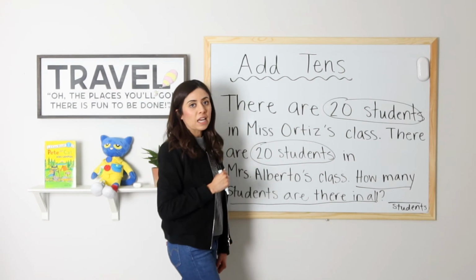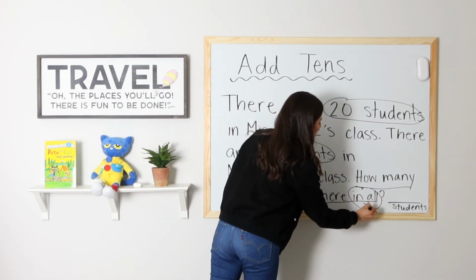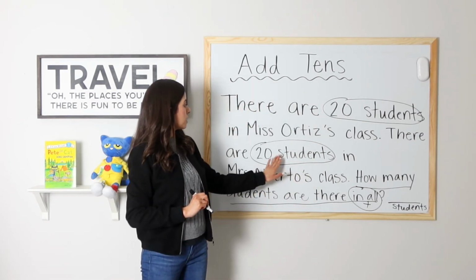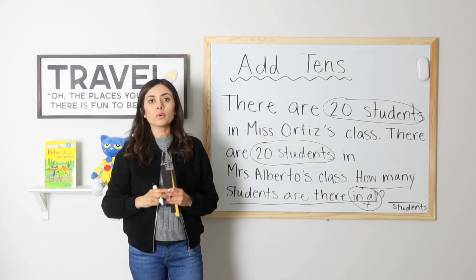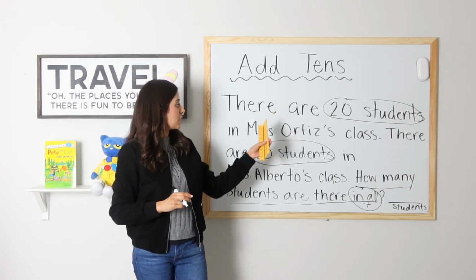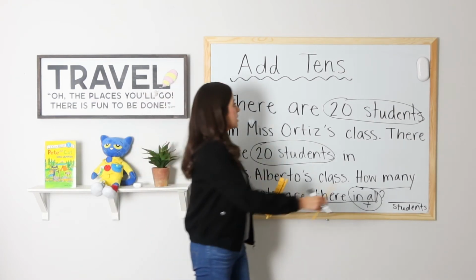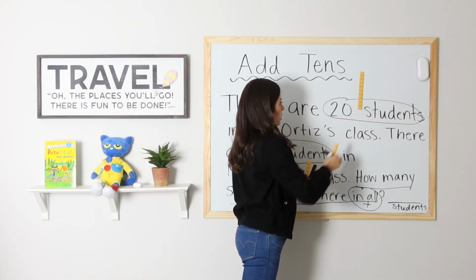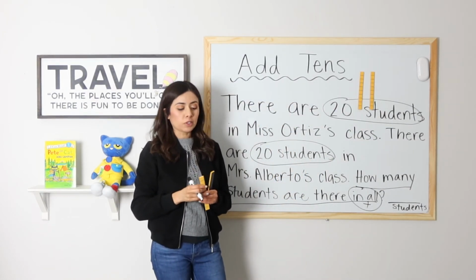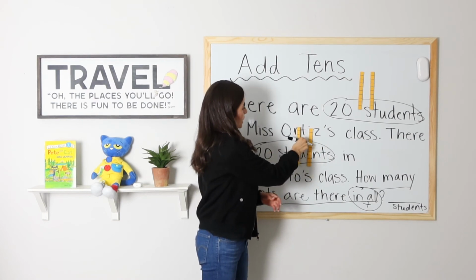And if you've seen our past videos, you already know that in all means to add. So I'm going to go ahead and add 20 plus 20. I will use my 10 rods to help me add 20 plus 20. So I have 20 for Miss Ortiz, 10, 20, and I have 20 for Mrs. Alberto, 10, 20.